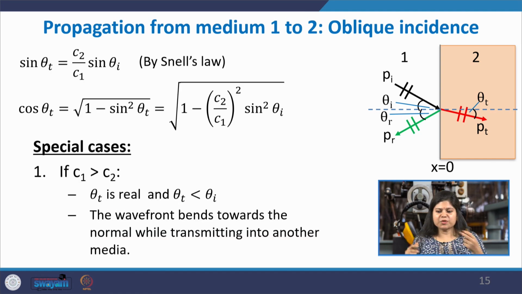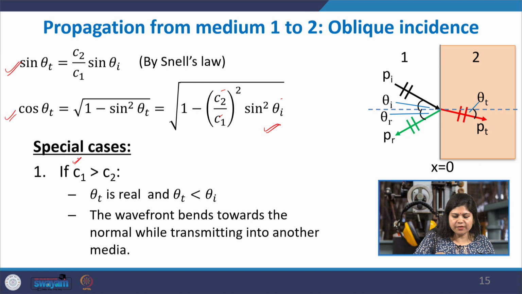Now, let us do some special cases of oblique incidence. By Snell's law, this is what we get. Sin theta t we obtain in terms of sin theta I, and cos theta t is the square root of 1 minus sin square theta t. So, this is the expression of cos theta t in terms of C1, C2 and sin theta I. Let us consider the first case when C1 is greater than C2.